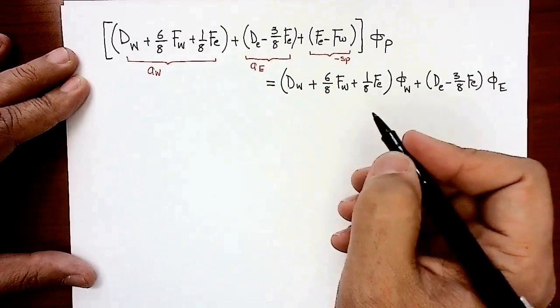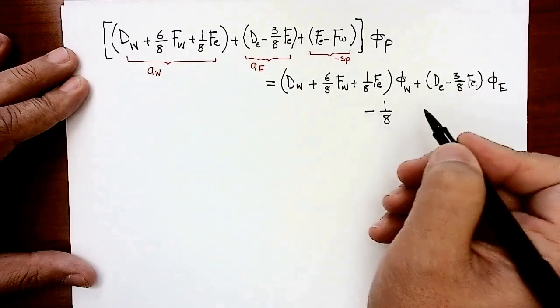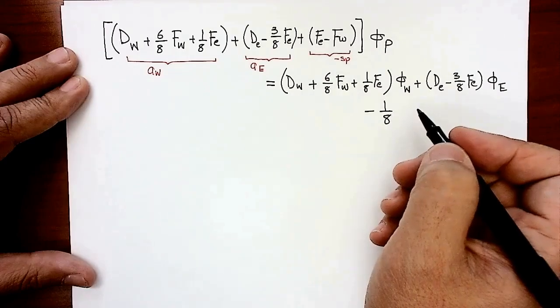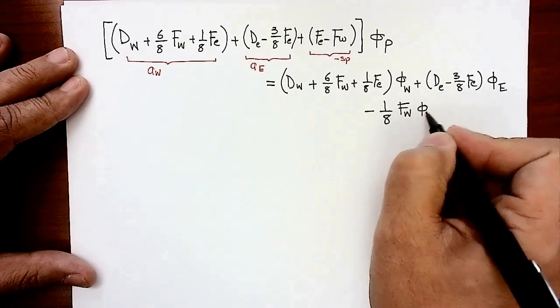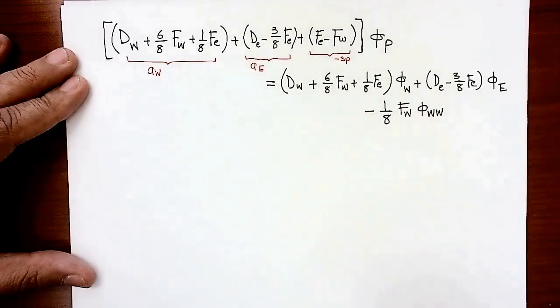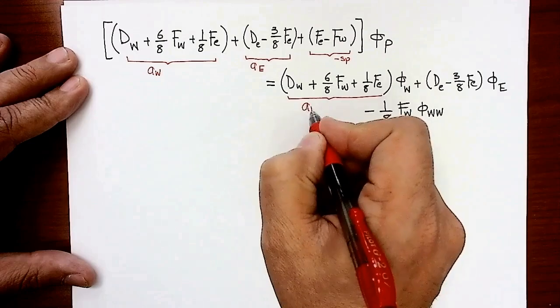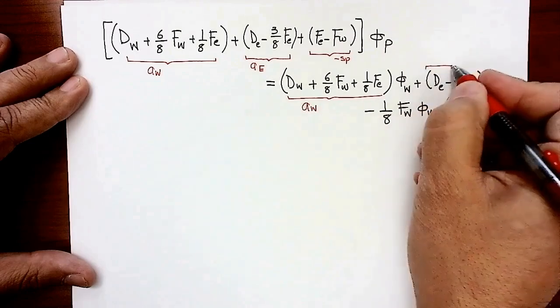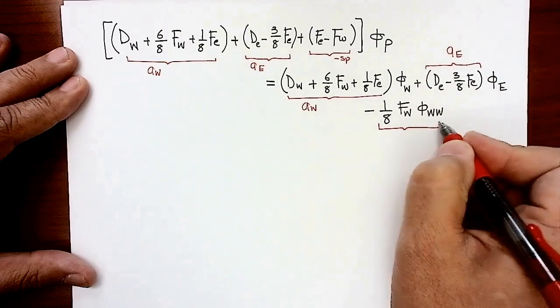Then you will find an extra term, which is minus 1 over 8 F west phi west-west. So again, this is going to be my A west, this will be the A east, and this will actually be the SU term.